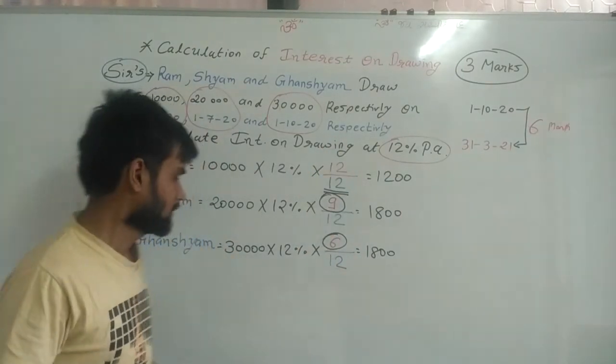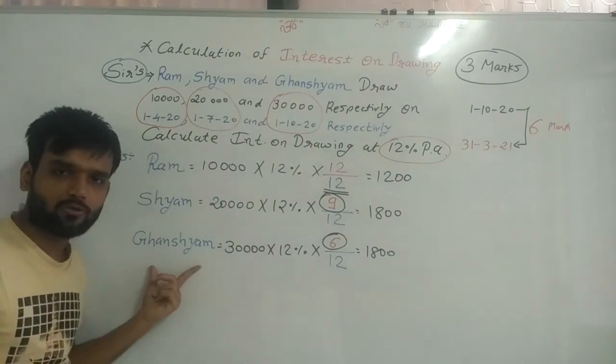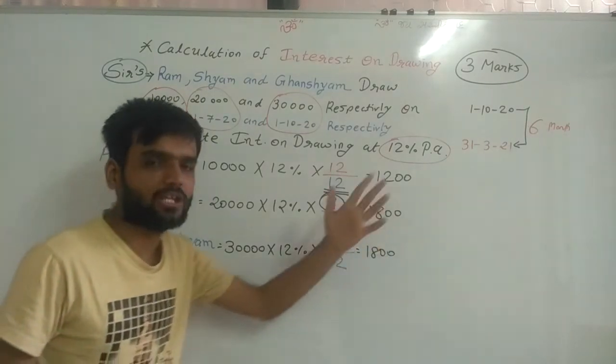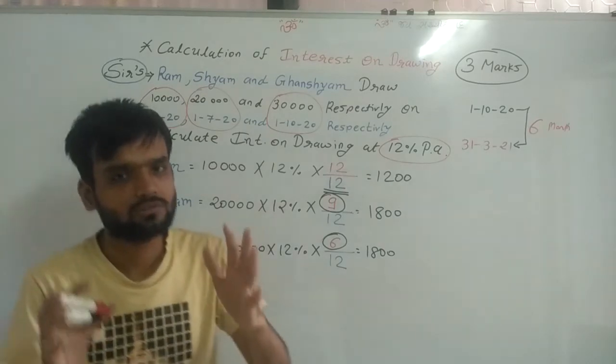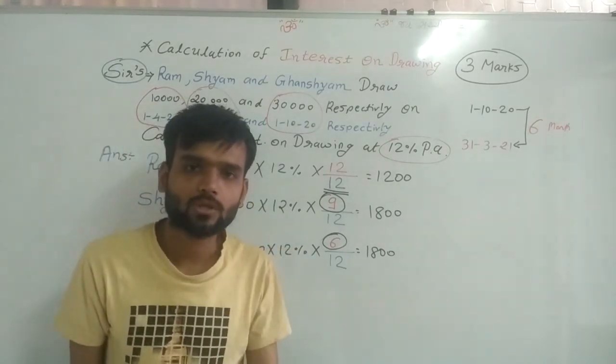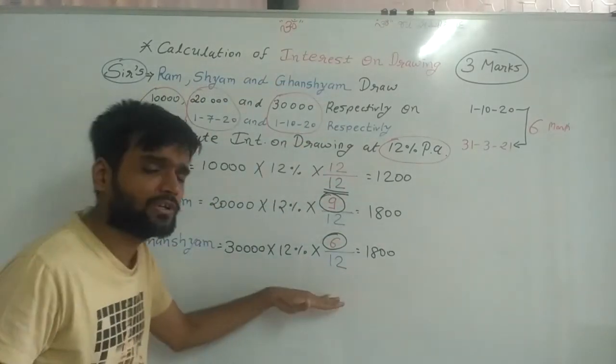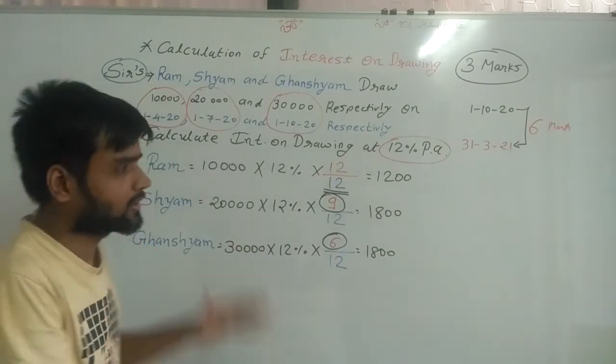Now the firm has to receive from Ghanshyam 1,800 as interest on drawing. So this is the calculation of interest on drawing for all three partners.